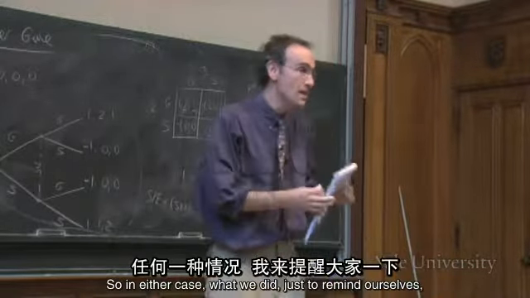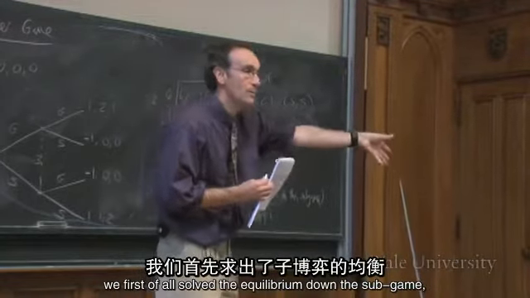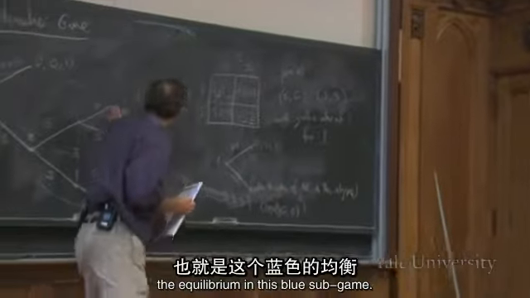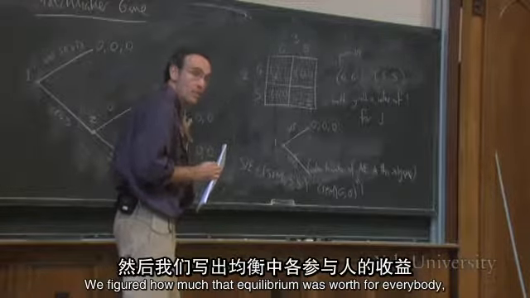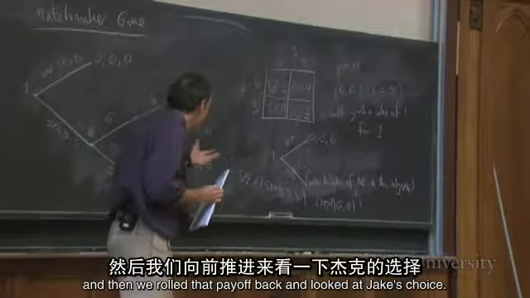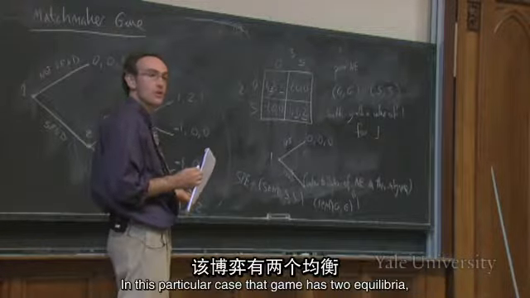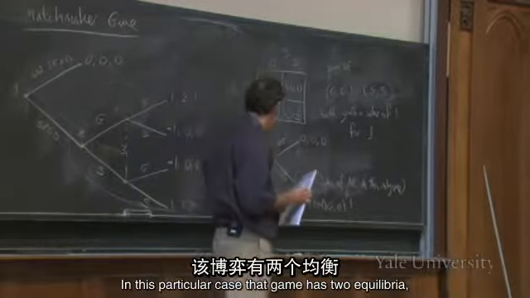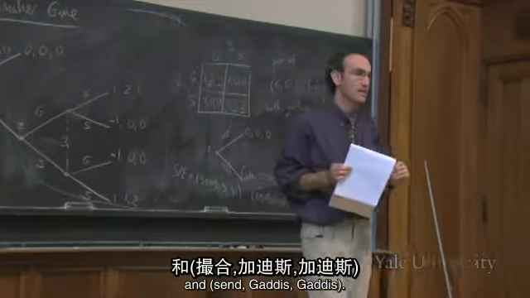So in either case, just to remind ourselves, we first of all solved the equilibrium in this blue subgame. We figured out how much that equilibrium was worth for everybody, but in particular for Jake. And then we rolled that payoff back and looked at Jake's choice. In this particular case, that gave us two equilibria, send Spence Spence and send Gaddis Gaddis.